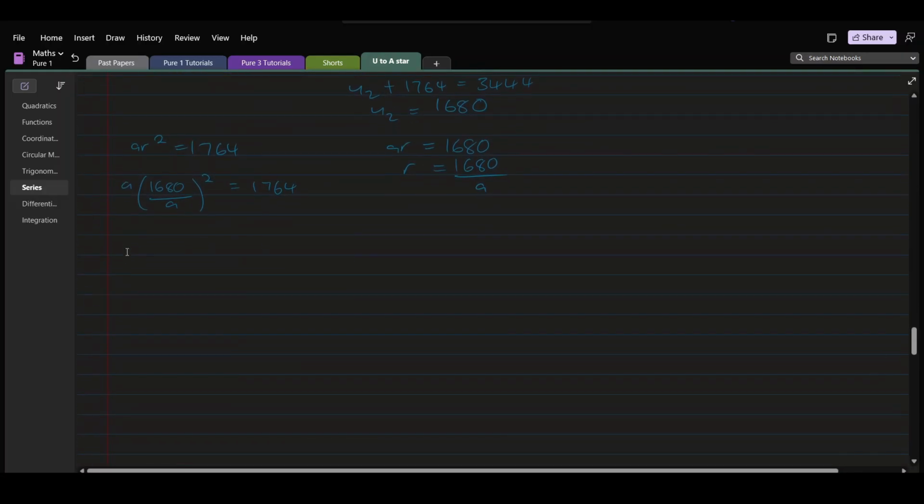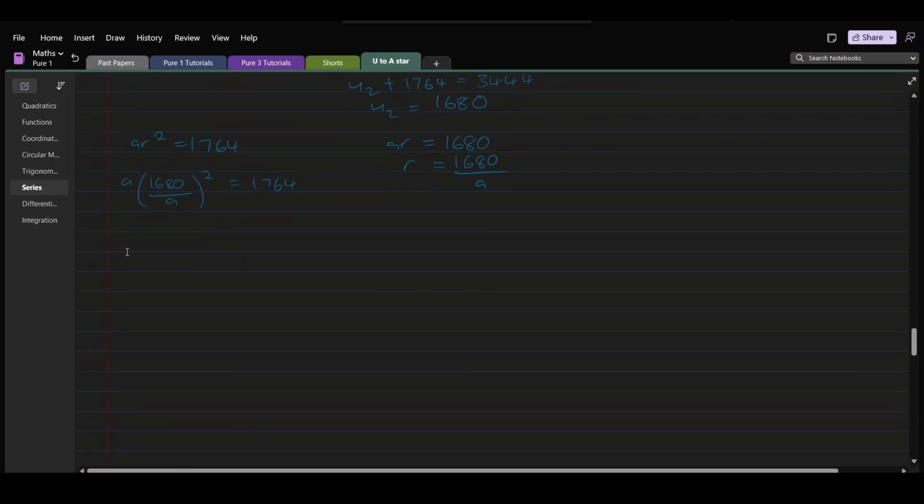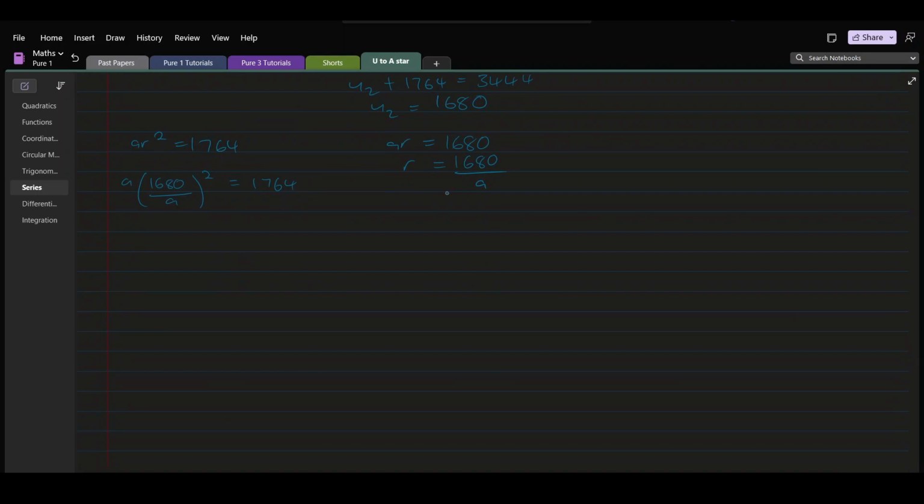So this ends up being 1,680 squared, which is a very big number, 2,822,400, over a squared. And outside the bracket, we still have the a that's multiplying. This is equal to 1,764.